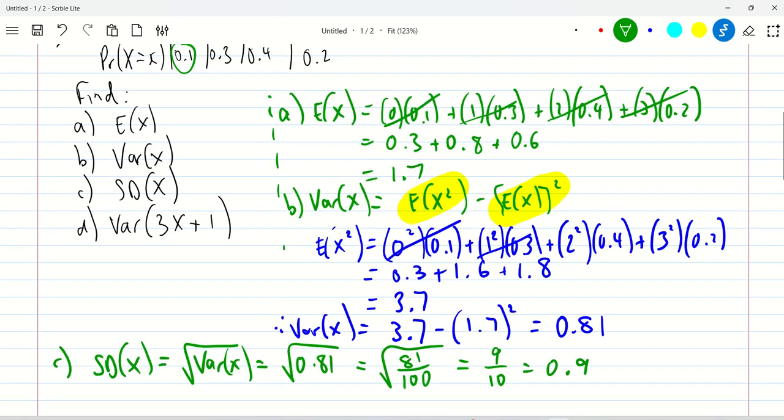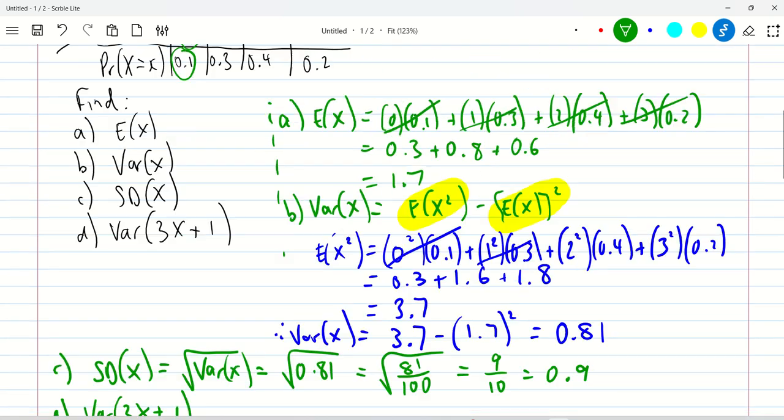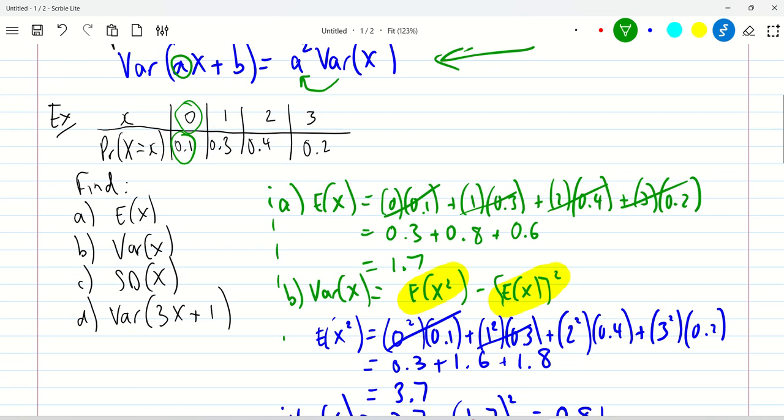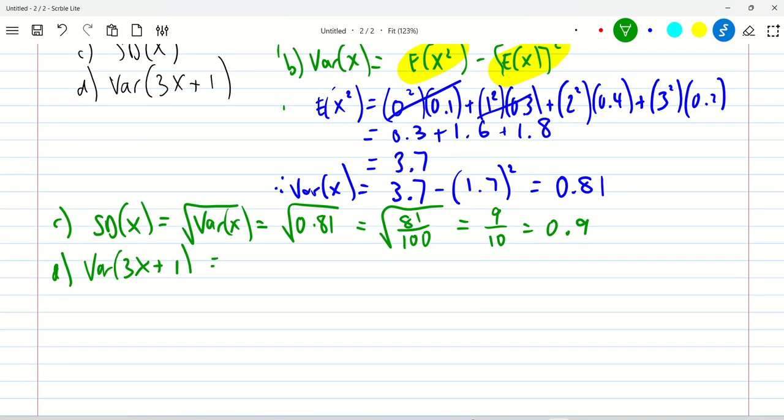Okay, and D is the variance of 3x plus 1. What's the variance of 3x plus 1? Remember up here, that one there, if you have some transformation of x, whatever's in front of the x comes out the front as a squared. So this is equal to 3 squared times the variance of x, which is 9 times, what was the variance of x? 0.81.